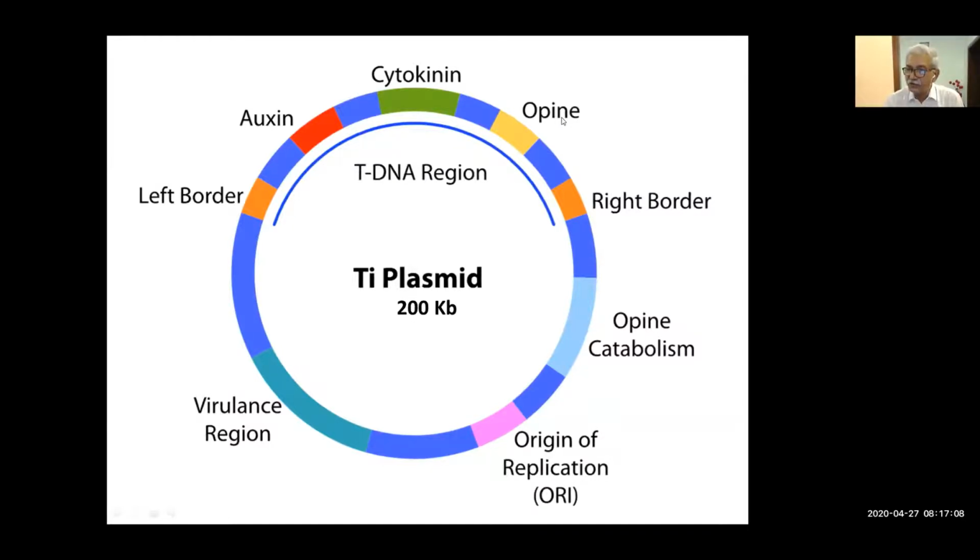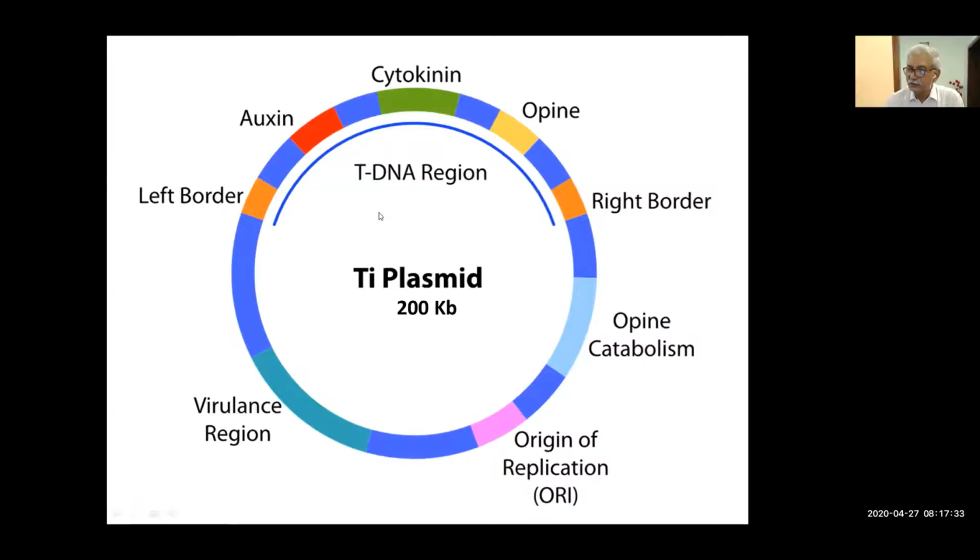So what we do is that we remove all this part from the plasmid, which comprises auxin, cytokinin, and opine genes. And we also remove the opine catabolism region because we are not interested in the bacterial cell surviving on the plant cell. We are just selfish.